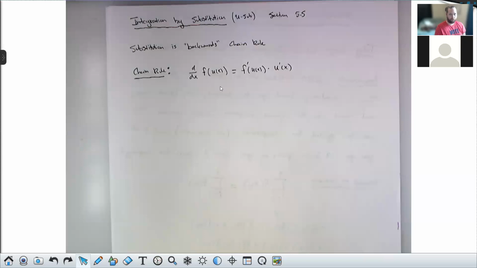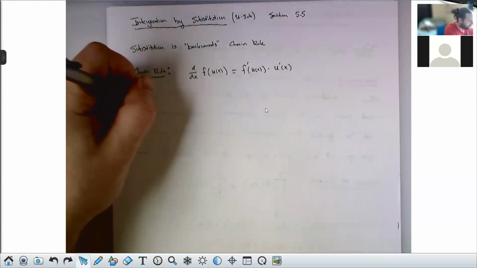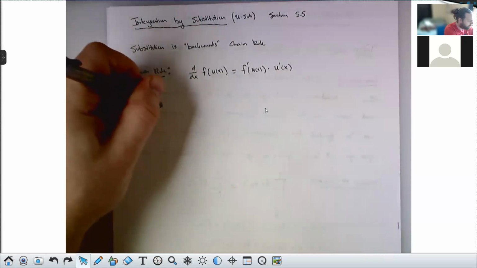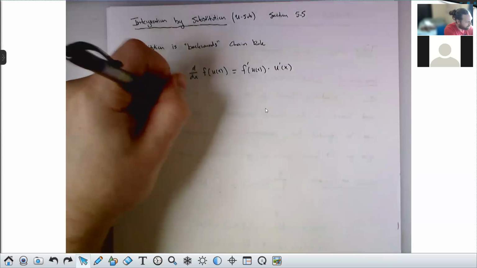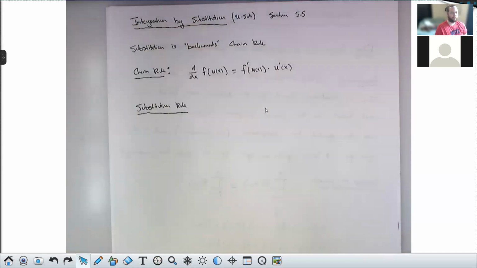And so a backwards version of this, the substitution rule, says if you're going to integrate something like this, you should get something like this.